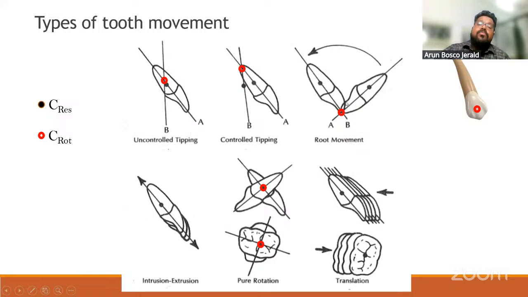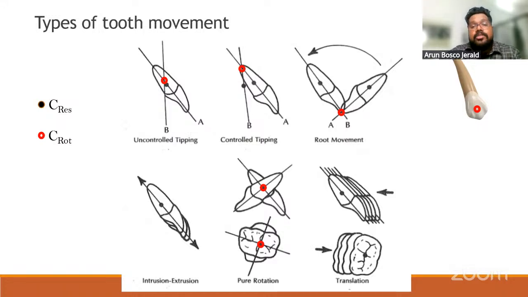There will be minimal movement for the crown tip and the root will be moving farther. So the root movement will have the center of rotation near the incisal edge, and the center of resistance will be moving from one point to another. This kind of tooth movement is generally called a root movement.